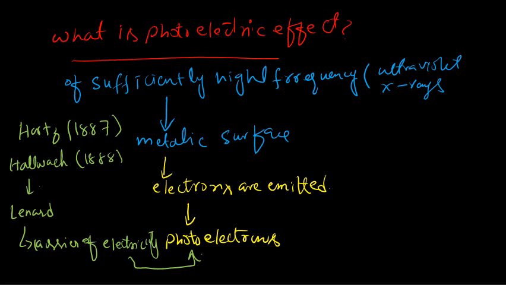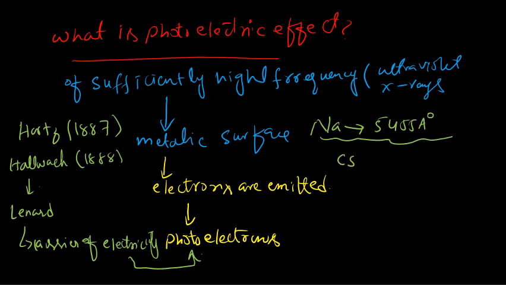But before this, here we use the words sufficiently high frequency, so we can produce the photoelectric effect only with light of specific wavelength and frequency. For example, when sodium metal is exposed to light of wavelength less than 5,455 angstrom, it will produce the photoelectric effect.